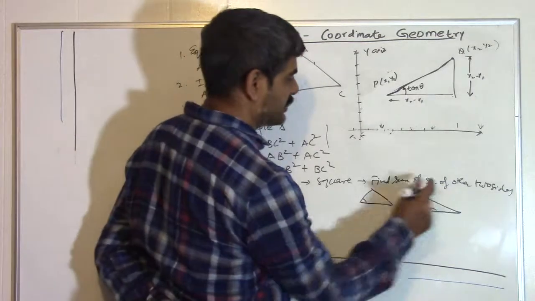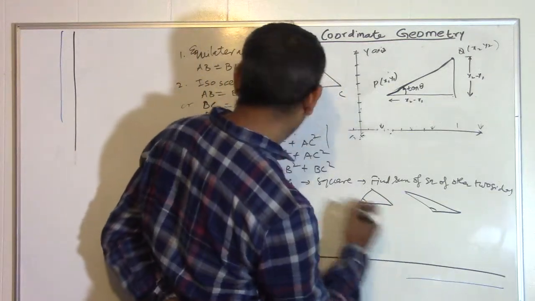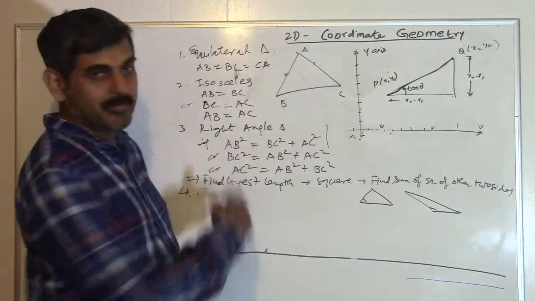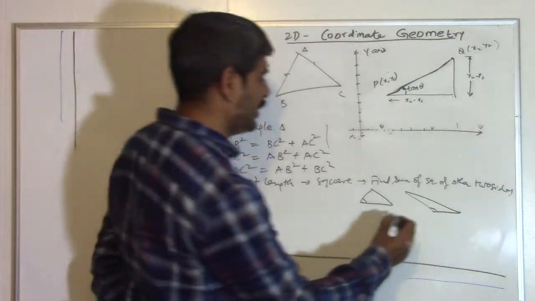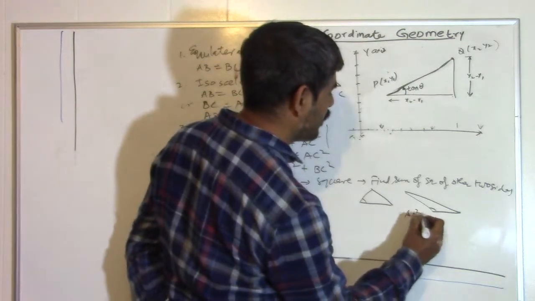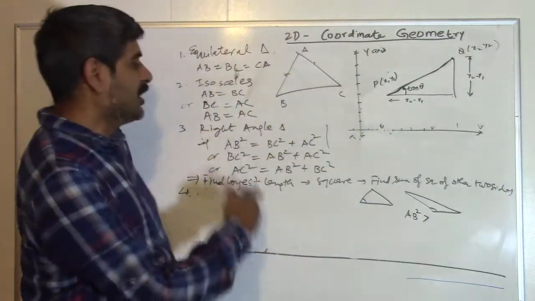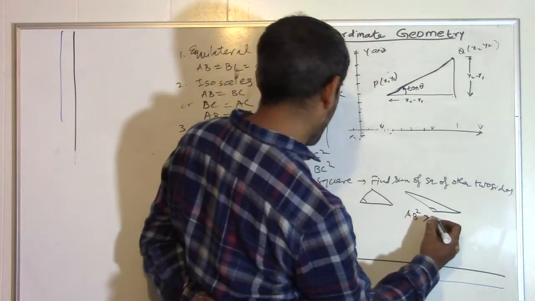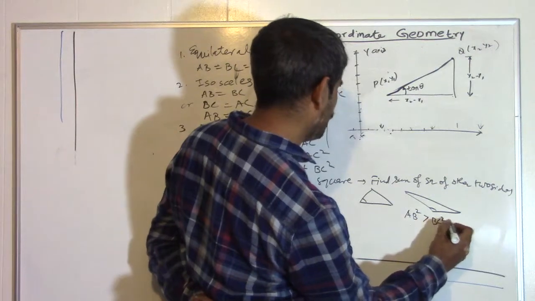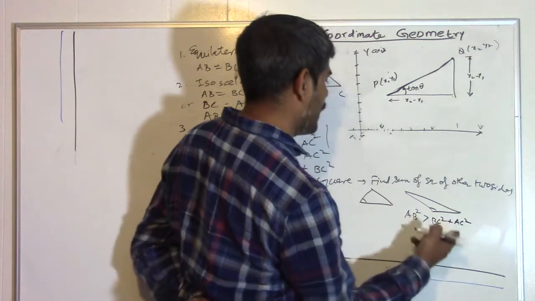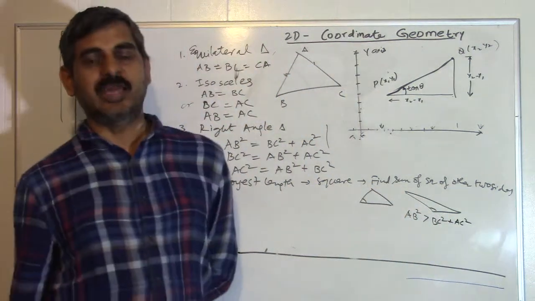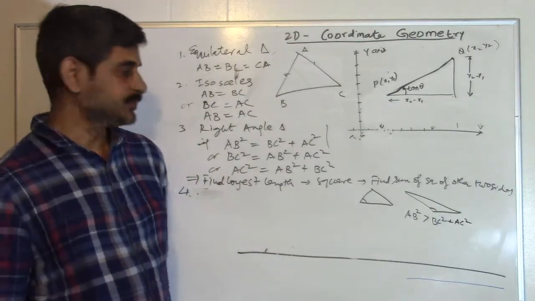In this case, let us say we find that the longest side is AB, and we find the square of AB, and it becomes greater than the sum of the squares of the other two sides, BC square plus AC square. Then one of its angles will be more than 90 degrees.